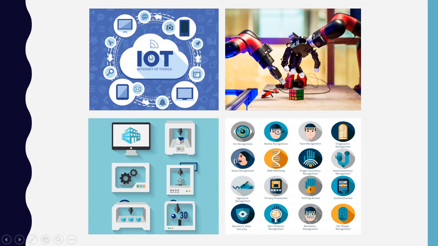First is the Internet of Things. Second is robotics, advanced robotics. The next is 3D printing technology. And here comes what I was saying about tradition: the biometric technologies, which you can have for newer authentication. Why am I choosing these 4 things?